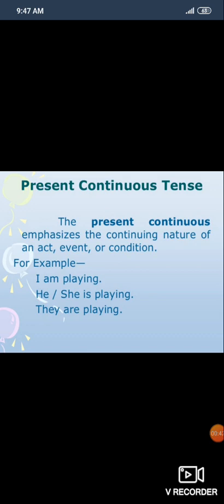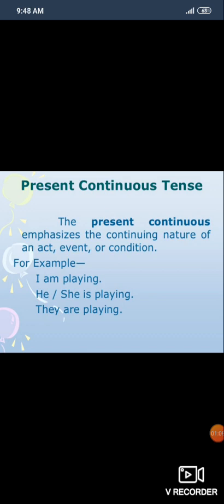For example, I am playing. In this type of tense, the helping verb we use is is, am or are. Is is used with he, she, it, a name or the singular. Are we use with we, you, they, the plural, and am we use only with I. So here you see, I am playing.